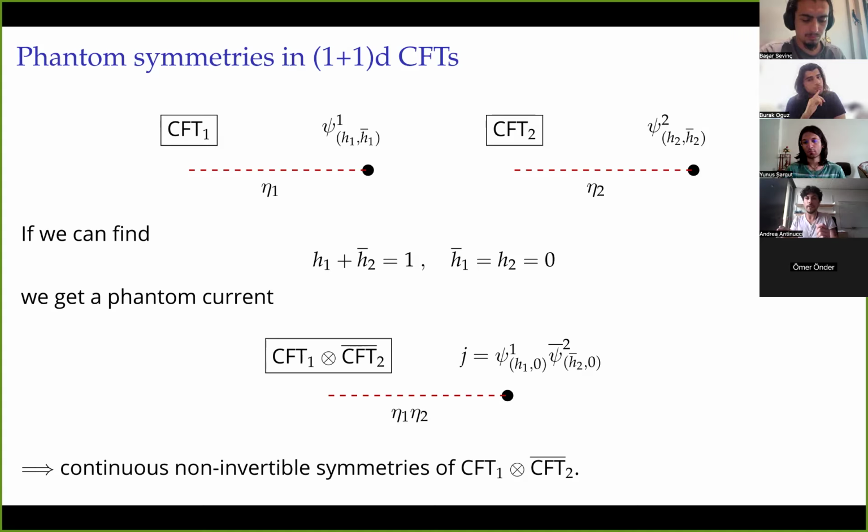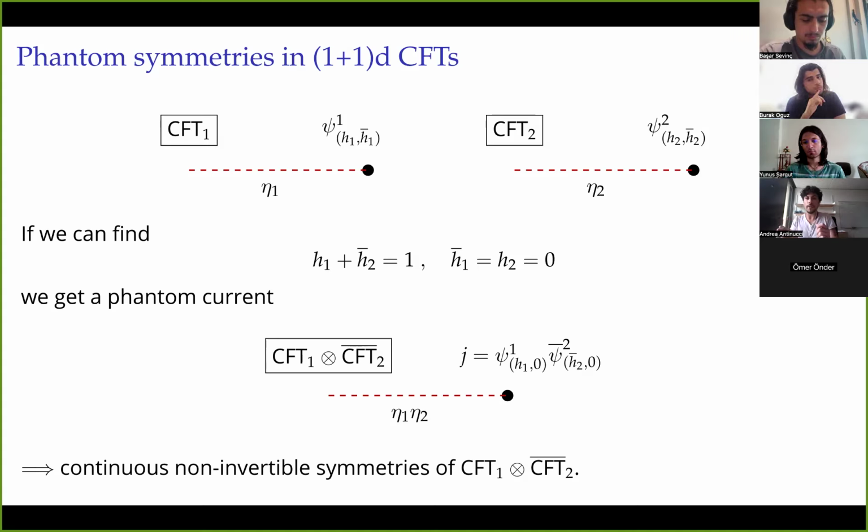Because when I take the orientation reversal of the CFT2, psi2 becomes this psi2 bar, whose weights are now h2 bar, 0. And when I take the product, I'm just taking the product of two operators living in different CFTs, so we just sum the weights, and I will get a holomorphic current that is living at the end of this line that is obtained by fusing eta1 and eta2.